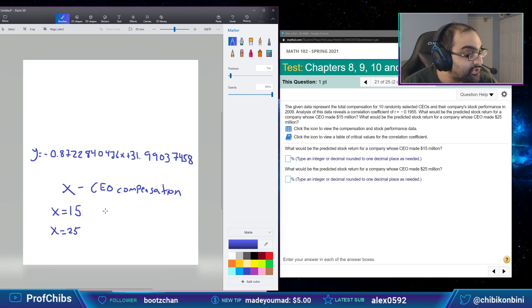Okay, so the first one, for x equal to 15, once I plug it into this line of best fit, I get 18.9. They want 1 decimal place. So I get 18.9 for the first one.